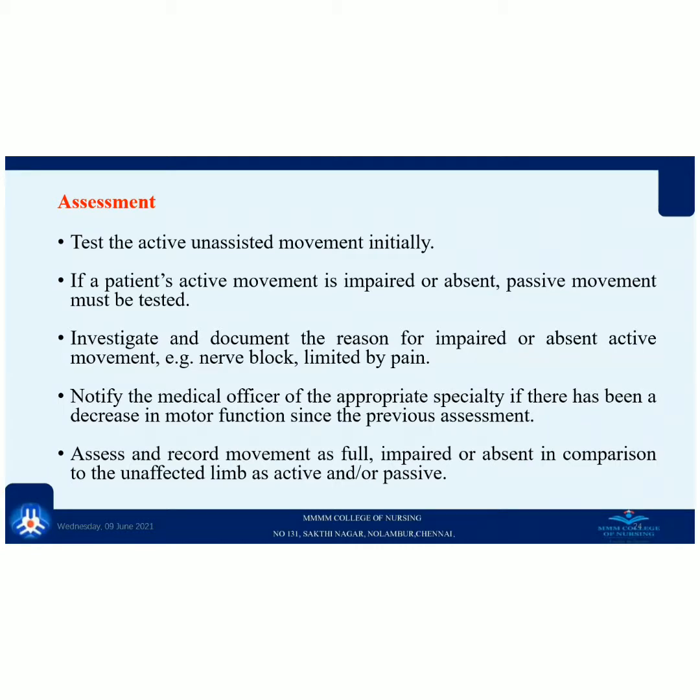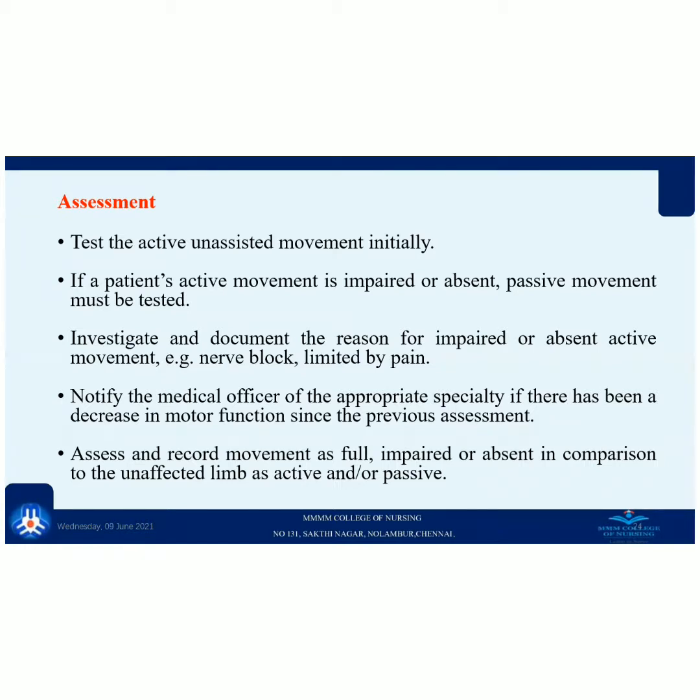Whatever movement we assess, we have to investigate and document the reason for impaired or absent active movement. Whether this active movement can be temporarily blocked by a nerve block, or it could be limited by pain. So we need to identify the reason the patient is not able to make the active movement.